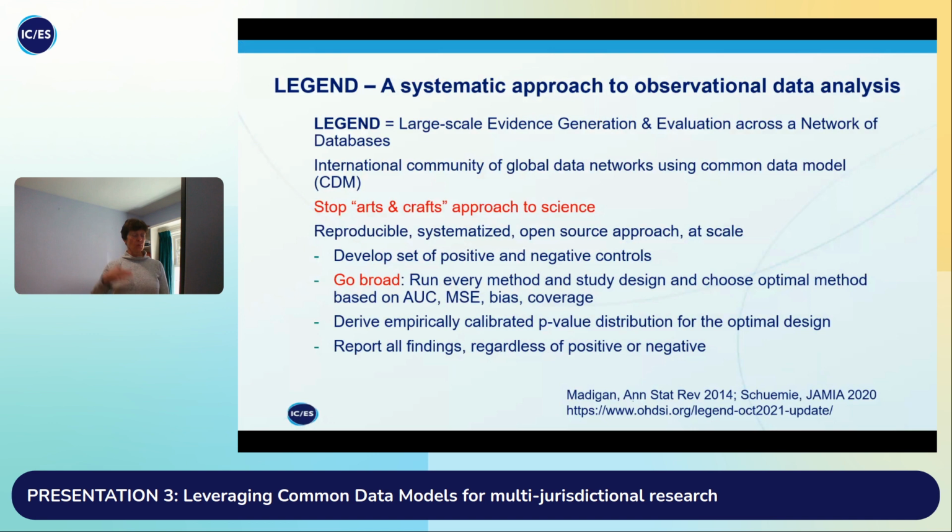Look at numerous different outcomes. So not just one, but look at heart attacks, AMI, heart failure, stroke, look at numerous different secondary outcomes, and look at, in this case, 50 different safety outcomes, and run everything, and most importantly, report all your findings regardless of positive or negative. Next slide.